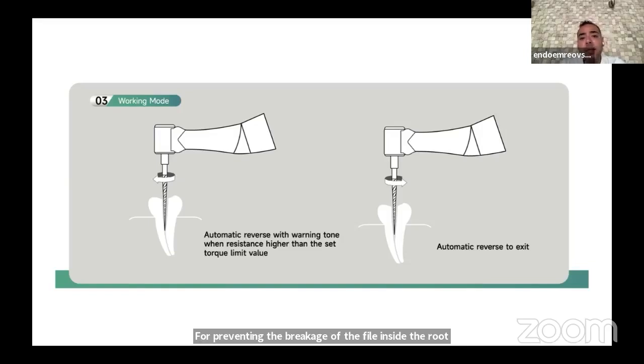This is basically the most important part of using your endomotor in your clinical practice, because when the file gets stuck inside the root canal system and it breaks, you will have many problems removing the file from the root canal system, and we don't want to waste time on that.